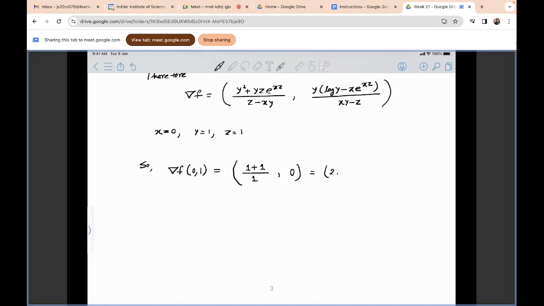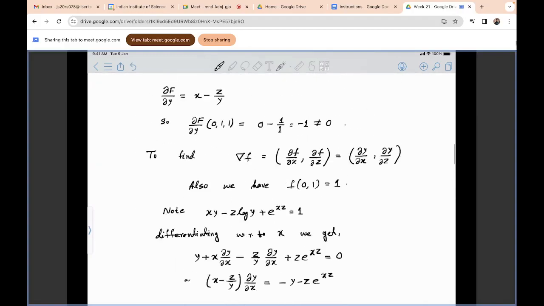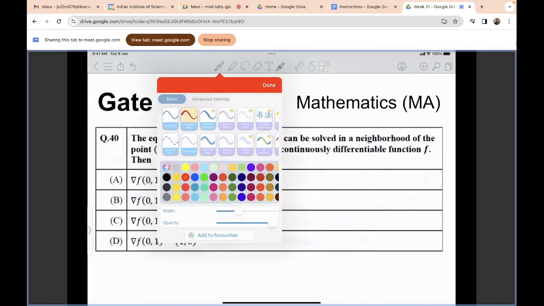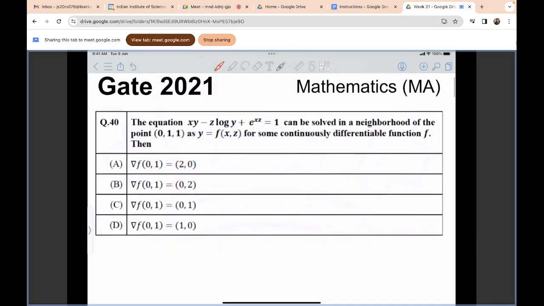So the gradient at the point (0, 1) is (2, 0). This is the answer. So which answer is correct? (2, 0), so option A is the correct one.